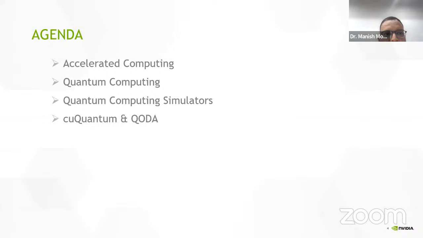Let's come back. So today in the talk, first I would like to talk about accelerated computing, what it is and what it means and how we do it. Then I would like to cover a few basics of quantum computing, though I am also learning in this domain, but whatever I could gather, I would like to share. There I would like to share quantum computing versus classical computing, like how our minds work and how we think and how it is different.